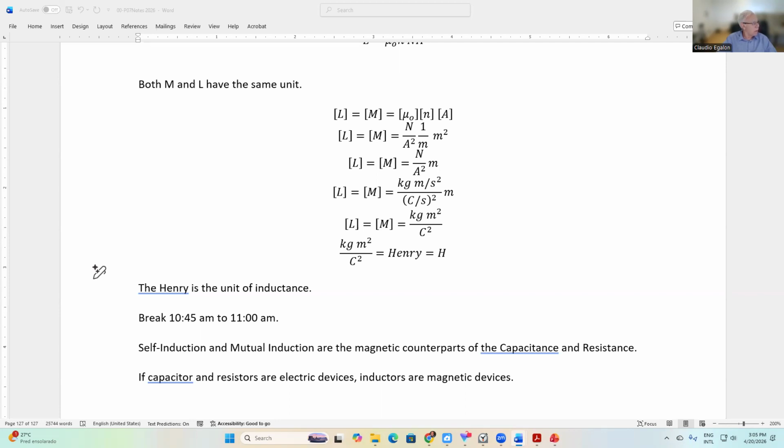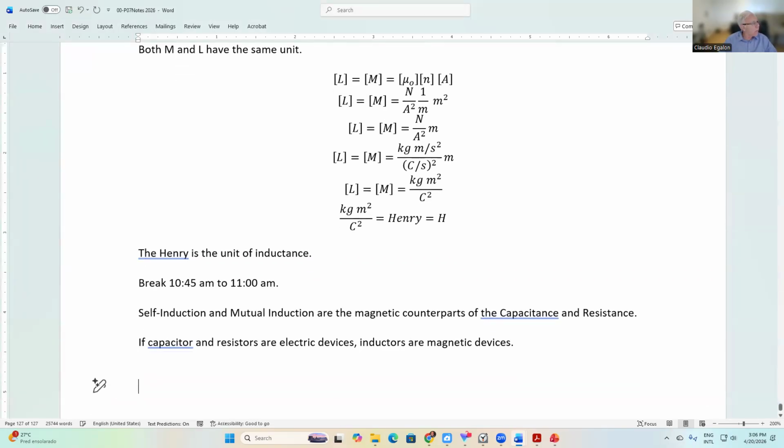Now let's talk about the energy stored in a magnetic device. We're almost over with this chapter, by the way. Let me show you what we have done so far.